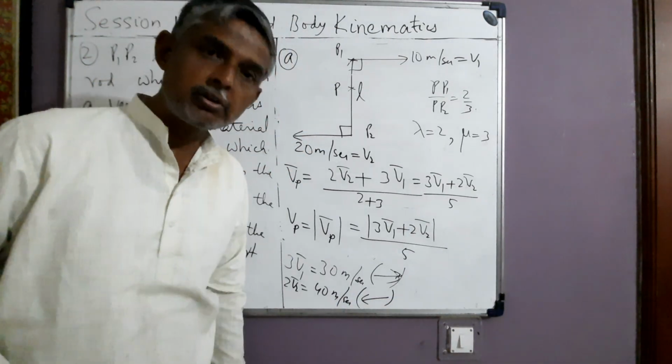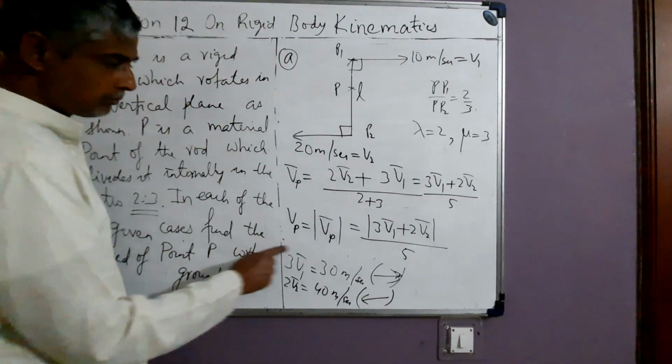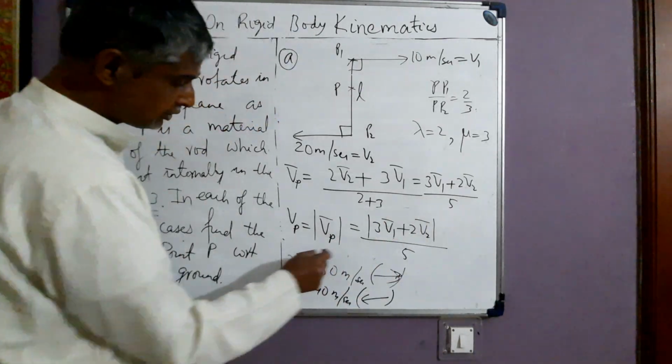Multiplication of a vector by a positive real number. So the resultant is of these two vectors.